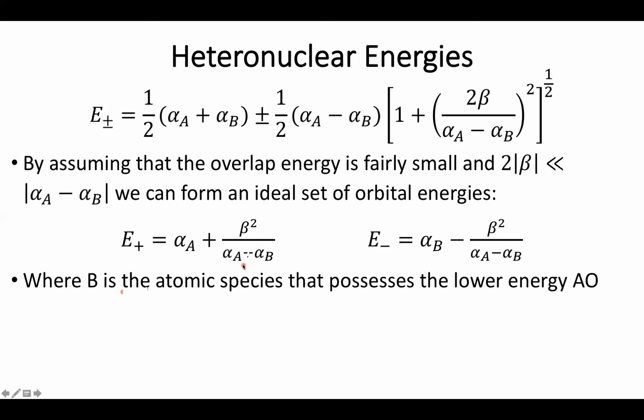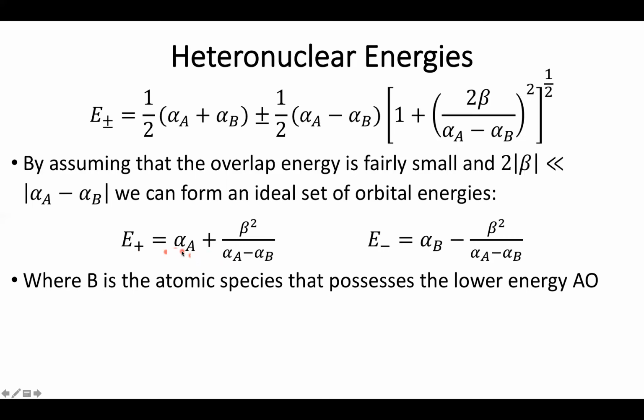So I'm going to have a negative number plus a destabilizing correction. But the important thing to note here is that the antibonding orbital is going to be relatively similar to the original starting higher energy atomic orbital, in this case, hydrogen. And the larger the difference between my two atomic orbitals, the more similar my antibonding and my atomic orbital energies get.